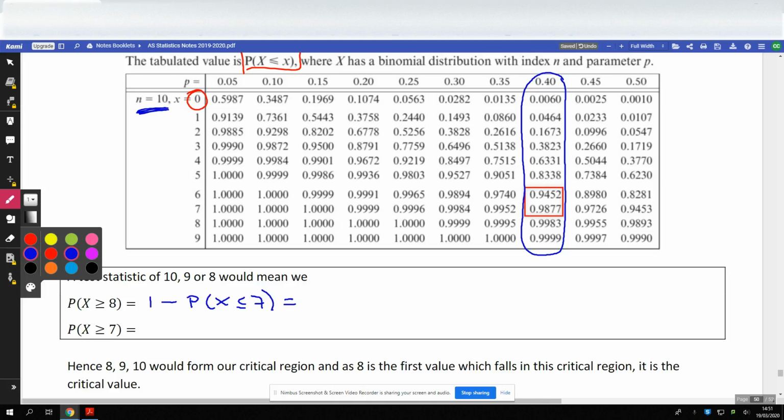On the table, that would be this one here. So the probability that x is less than or equal to 7 is 0.9877. And then taking that away from 1 is going to give me 0.0123, which is less than 5%.